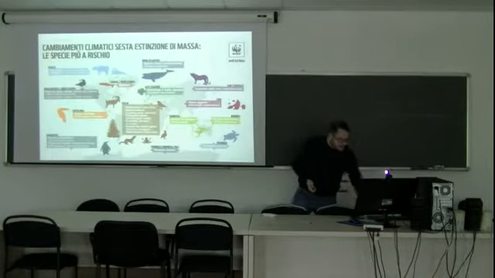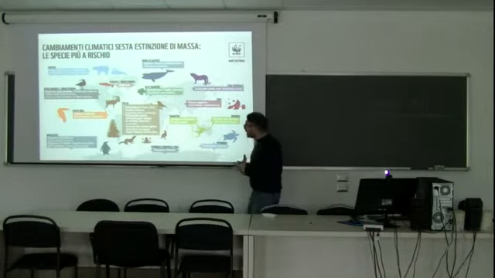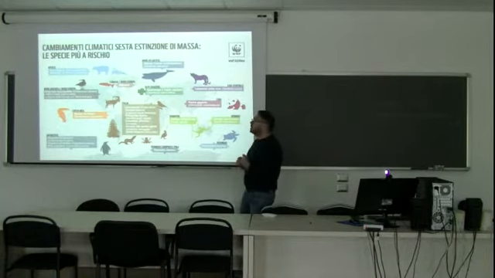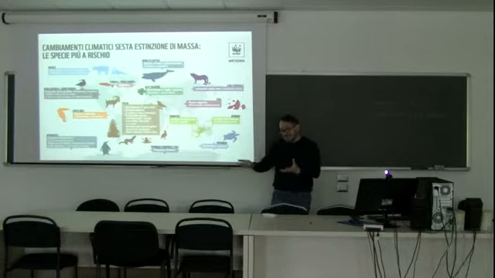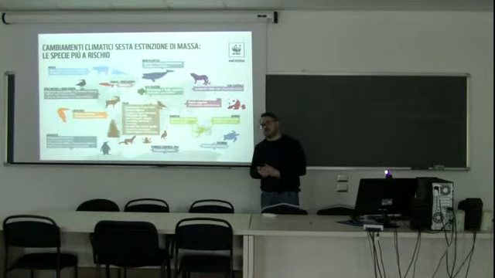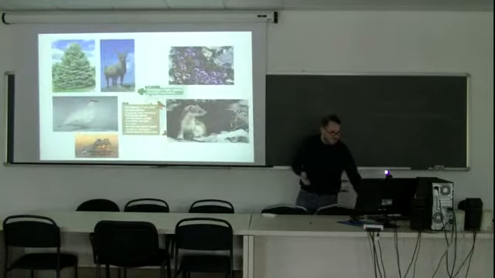So there is an important number of typical animals and plants growing all around the world that can be destroyed in the next years if we cannot solve the problem of climate change. These are typical of Italy.